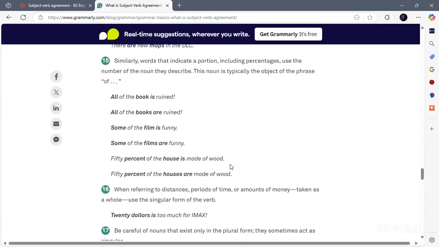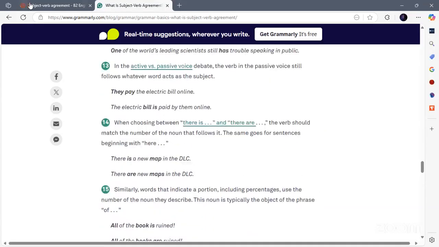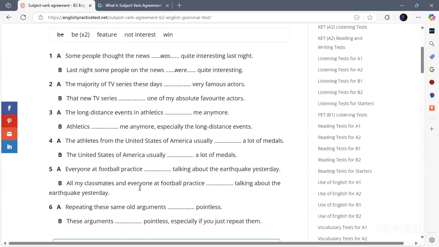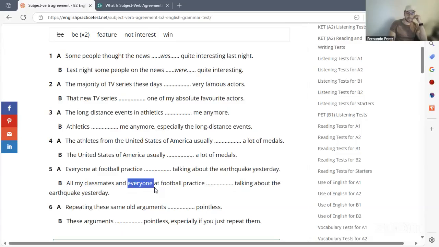You have all of my classmates, which is plural, and then you have everyone, an indefinite pronoun, but you should put it together.